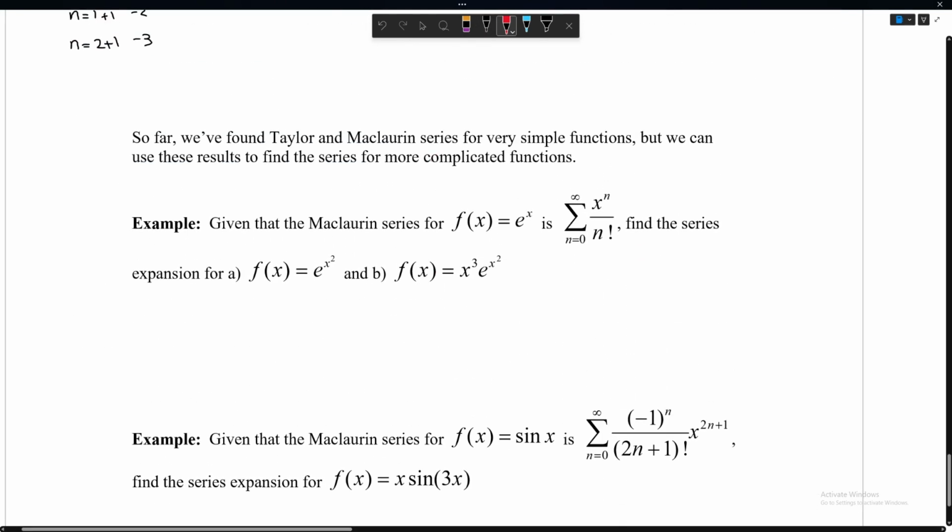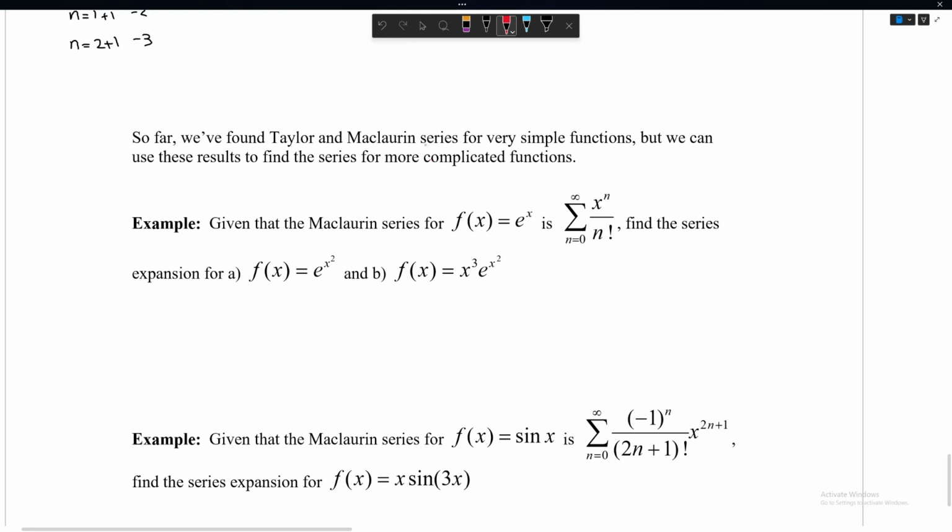Alright, so far we've found Taylor and Maclaurin series for very simple functions, but we can use these results to find the series for more complicated functions. For this part, because this is a Maclaurin series, you just gotta sub them in. So since we have your sum here, this is your series, right?